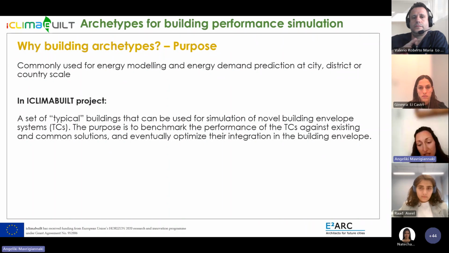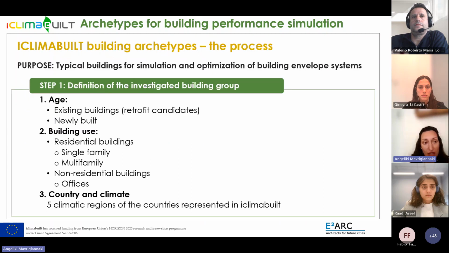So in the next slides, we will see what is the process that was followed in Iclimabuilt for the definition of the building archetypes, having always in mind the purpose that we have in Iclimabuilt. So first, it was decided that our investigated building group represents both existing buildings that are candidates for retrofit interventions, as well as new buildings.